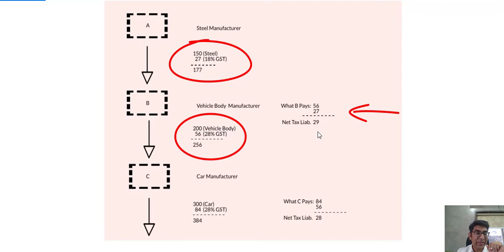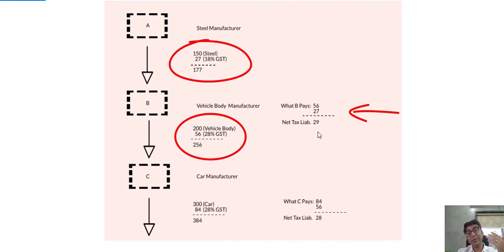Now, if we think about, well, why does the government even allow this? Because has he not collected 56 rupees from Hyundai? So why should he deposit only 29 rupees? I mean, why should he be given credit of 27 rupees?